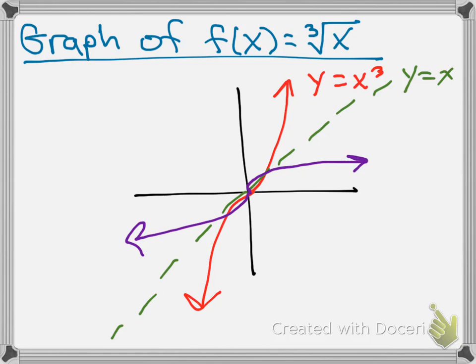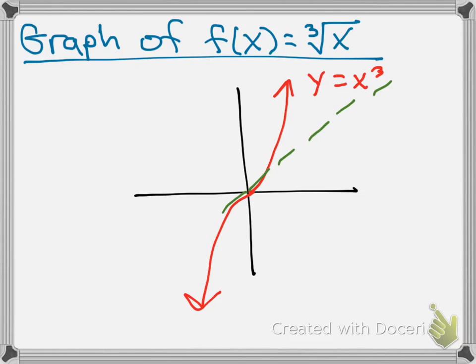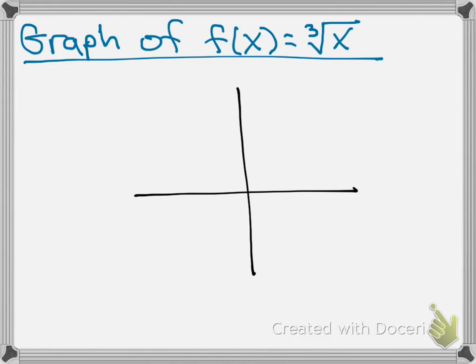So it's probably a little hard to see. I'm going to erase what I've done so far and just graph our cube root function for you. So say goodbye to the cubic function. Here is just the cube root of x. This looks a little better. There we go. So there's a positive branch to it and a negative branch to it.